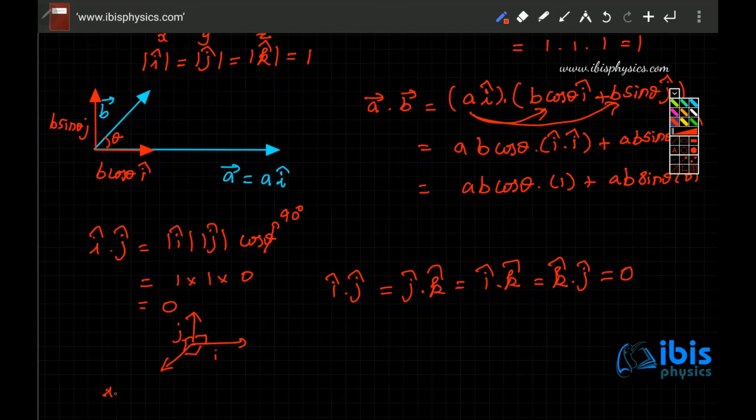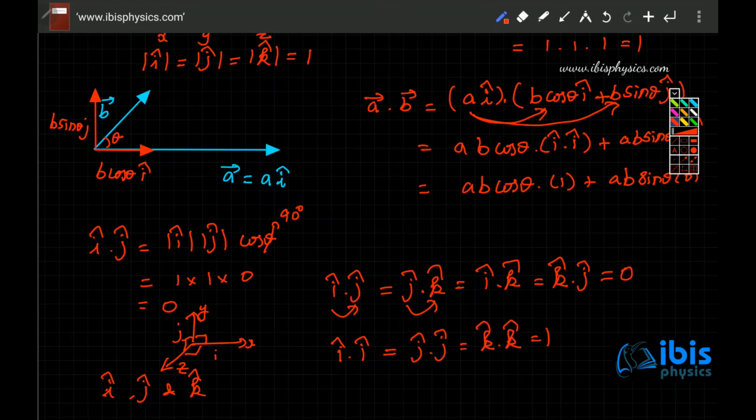All the axes x, y and z are mutually perpendicular to each other, so the angle between all of them is 90 degrees. So whether it is i dot j or j dot k or k dot i or k dot j, anything, they are all going to be 0. What are going to be 1? i dot i equal to j dot j equal to k dot k equal to 1.